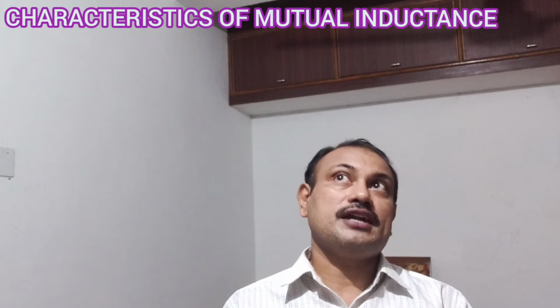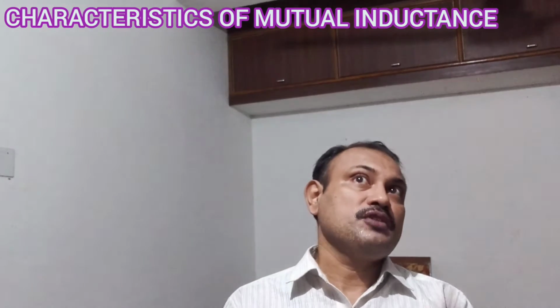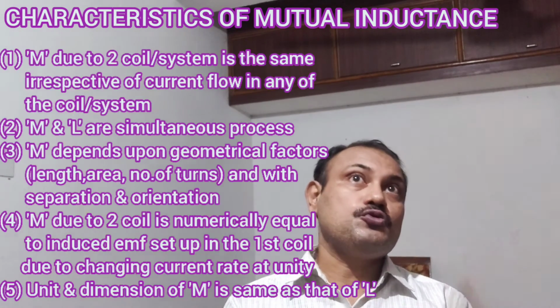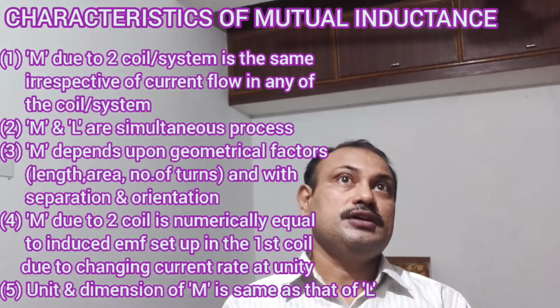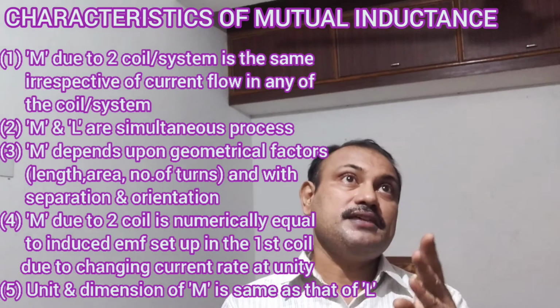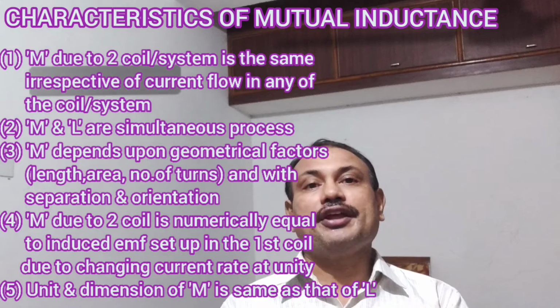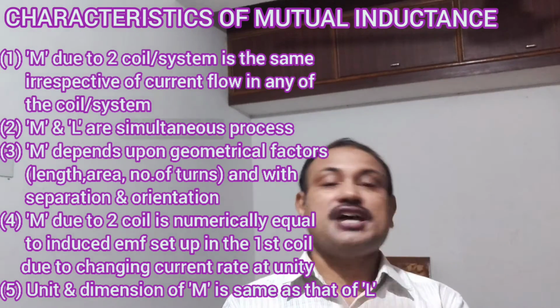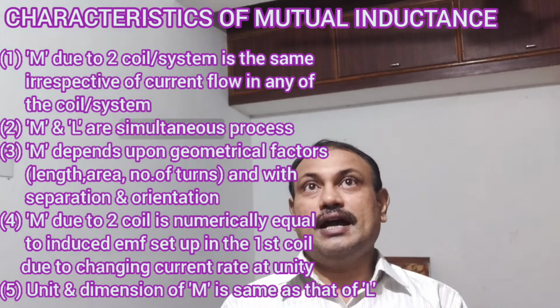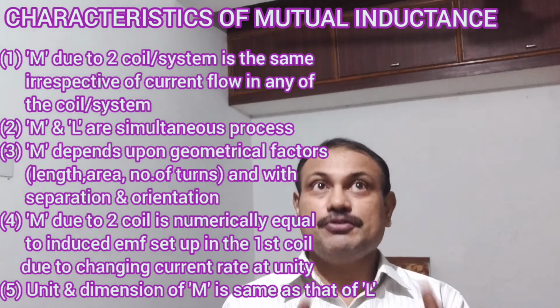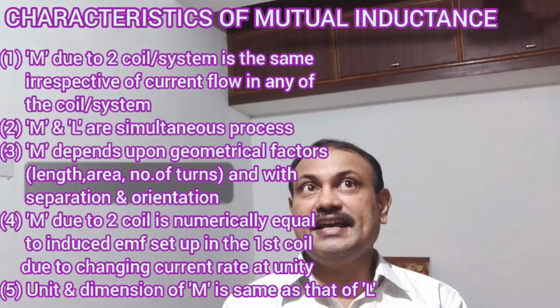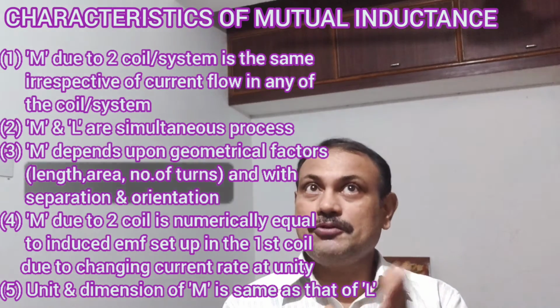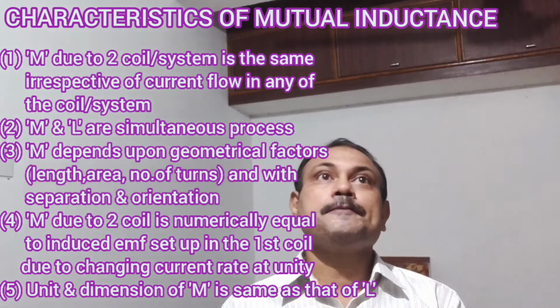Characteristics of mutual induction: the mutual induction due to two coils or a system is the same irrespective of the current flow in any of the coils or components. Mutual induction and self-induction are simultaneous processes. And mutual induction depends on geometrical factors like length, area and number of turns, as before in the case of self-induction.